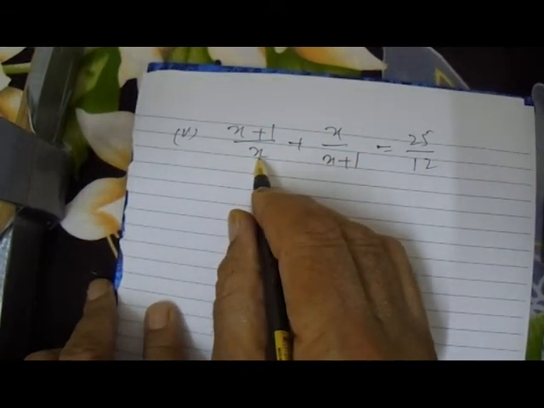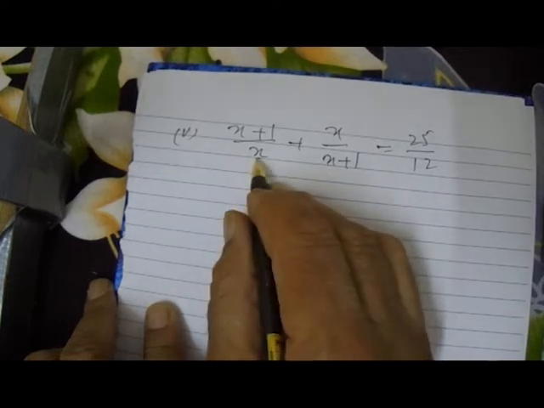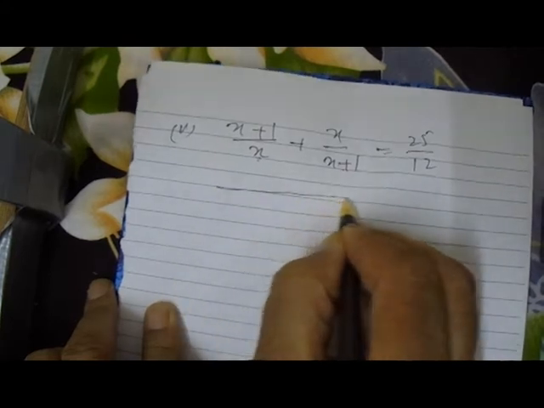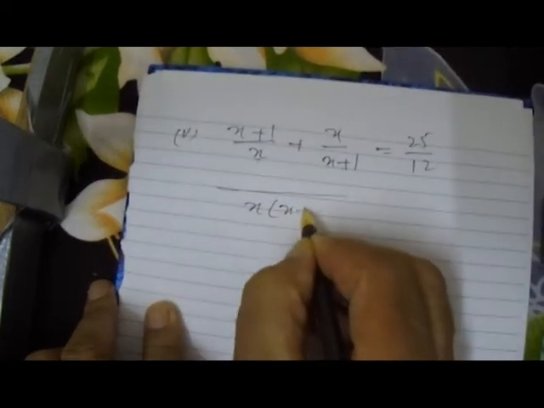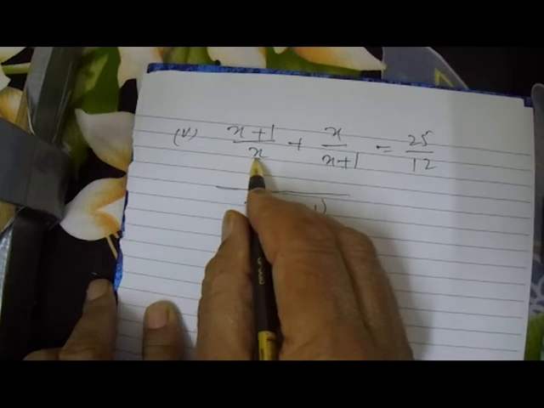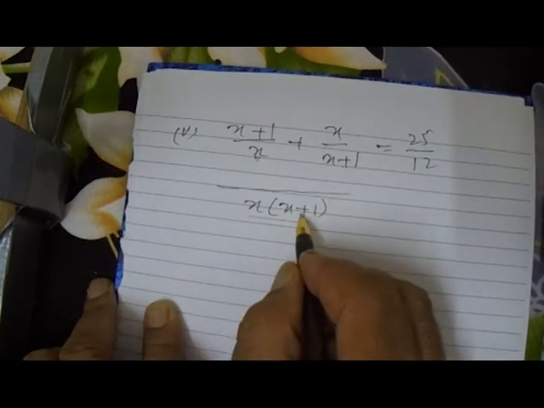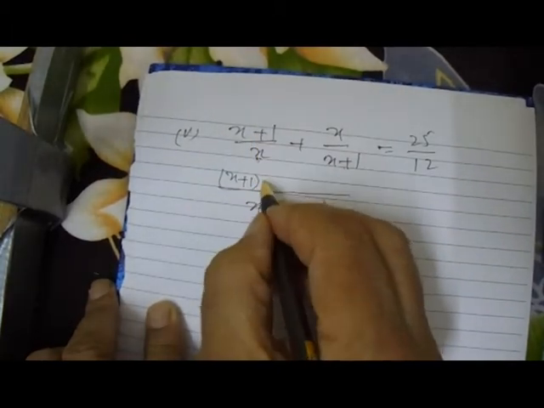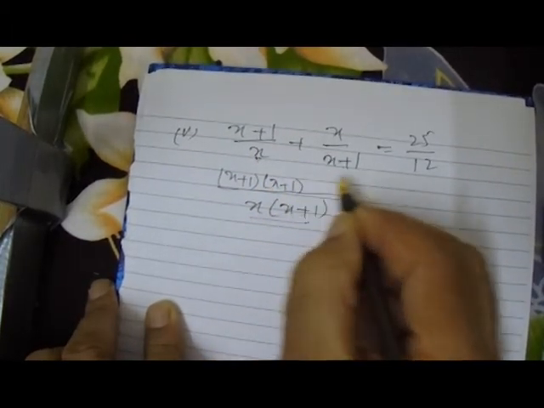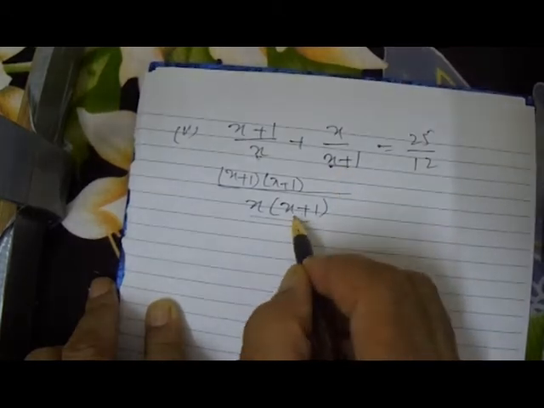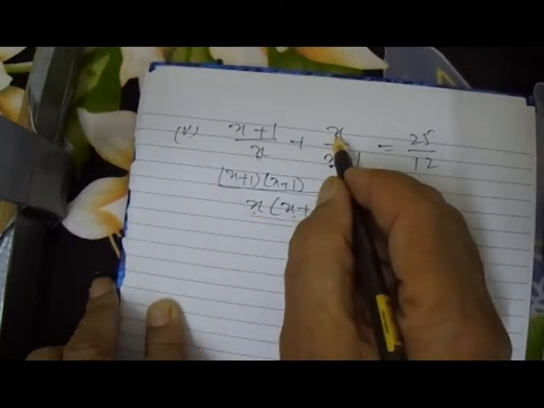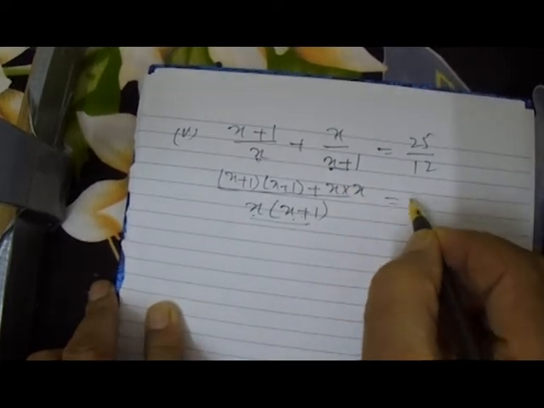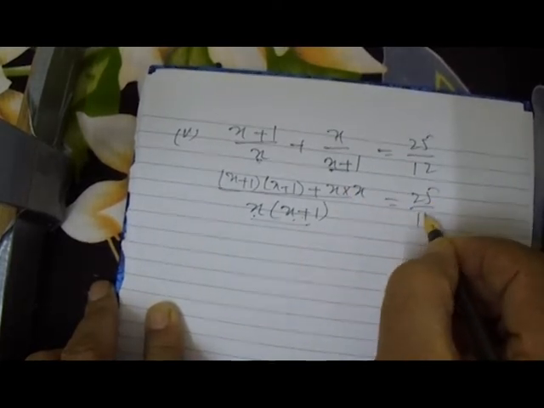Now this is our denominator x, here x plus 1. We make the LCM of these two, we get the LCM x into x plus 1. Now divided by x, we get x plus 1, and this multiplied by x plus 1 here. Now this divided by this, we get x, and x multiplied by x, plus x multiplied by x is equal to 25 over 12 here.